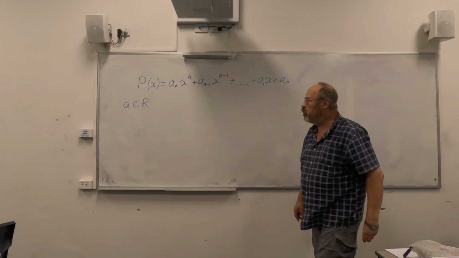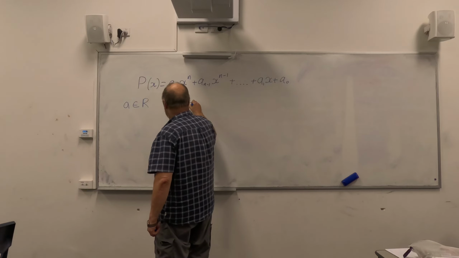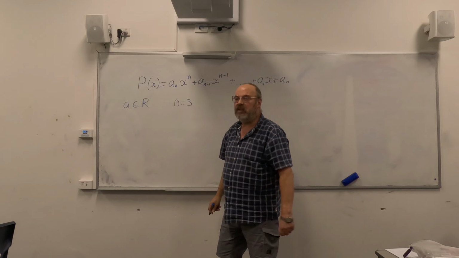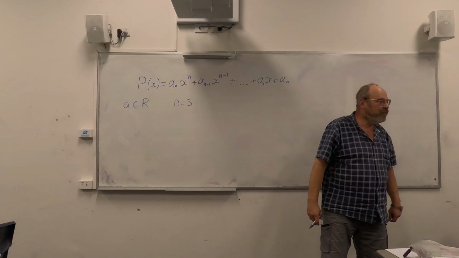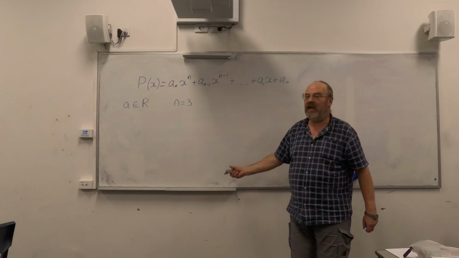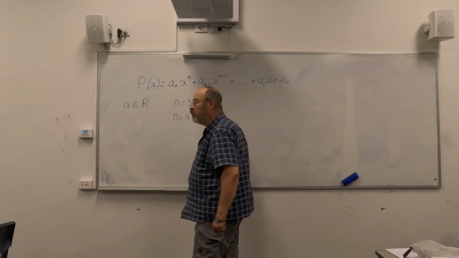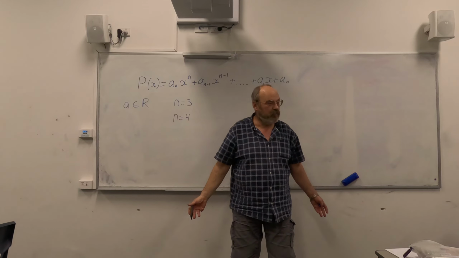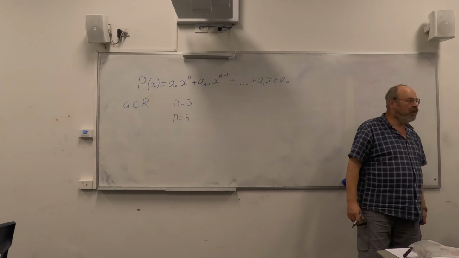So if the highest power is 3, then it's a polynomial of the third degree, or cubic. If the highest power is n, if n equals 4, then it will be a quartic polynomial. So its degree will be 4.